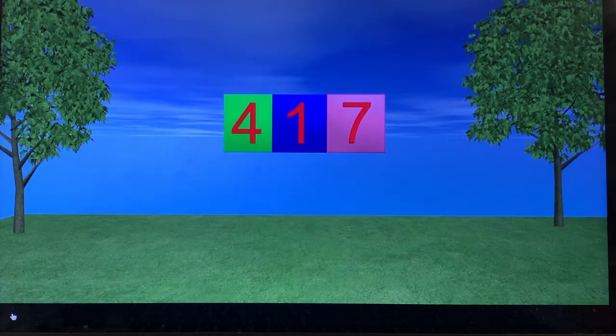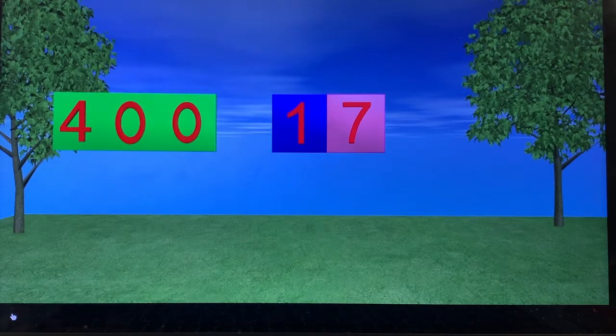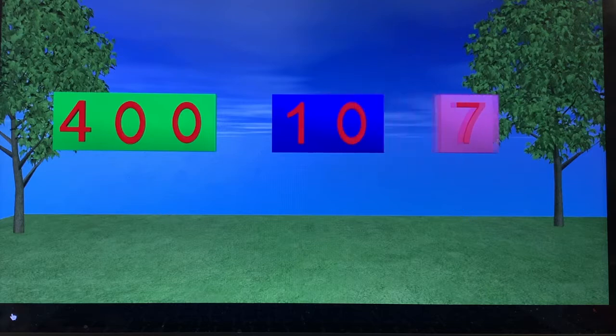Here we have the number 417. So how much is the 4 worth in this number? The 4 is in the hundreds place, so we have 400. How much is the 1 worth? The 1 is in the tens place, so it is worth 10. How much is the 7 worth in this number?